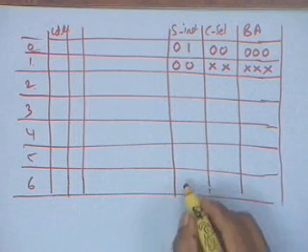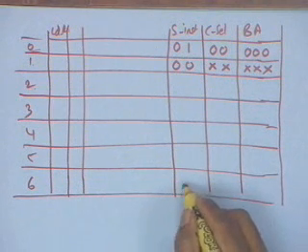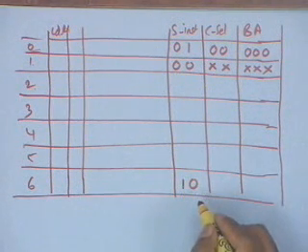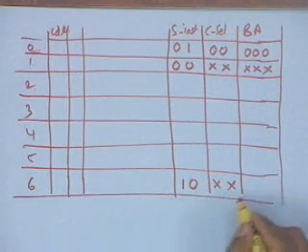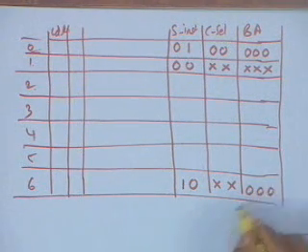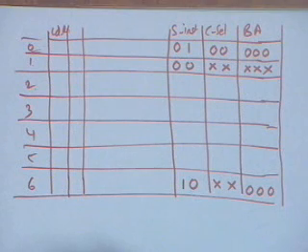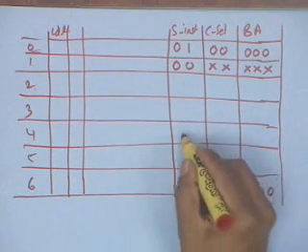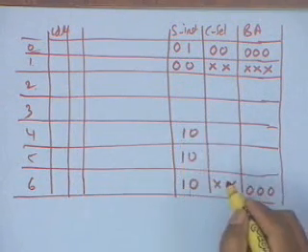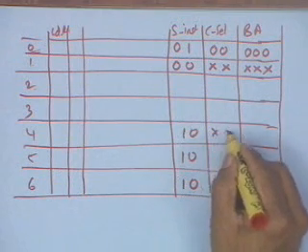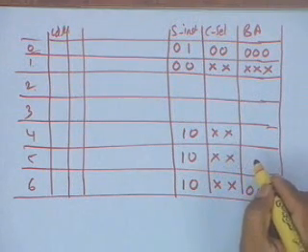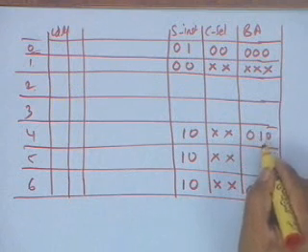Then for the 6th instruction, it is unconditional jump, it is 1, 0. Condition select is this, but this is to be specified. For my microinstructions 4 and 5, again I need to specify this. I don't need this. I need to specify this, which is 2.